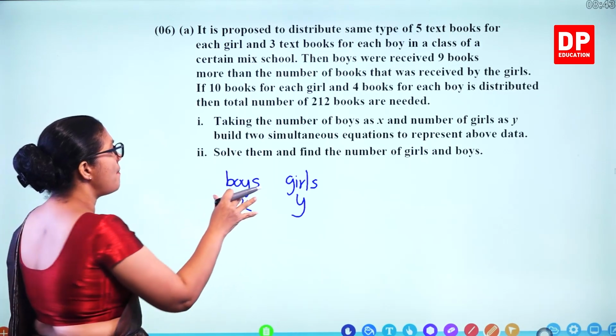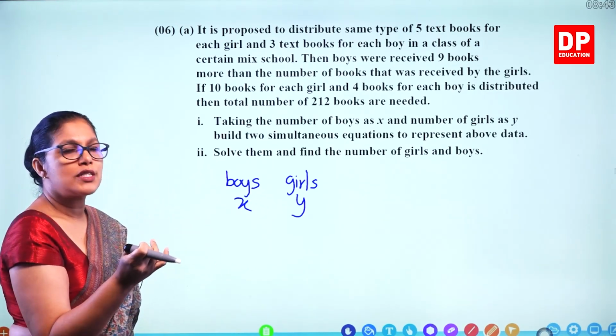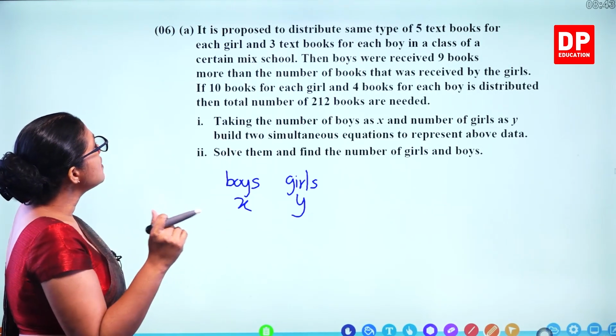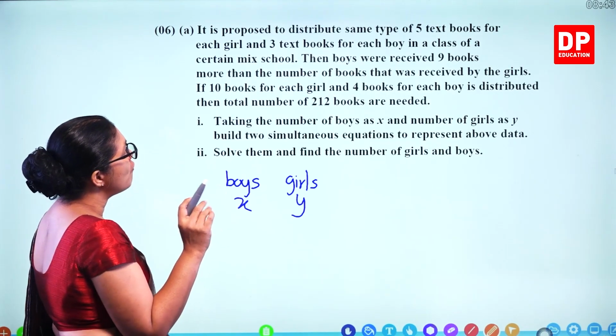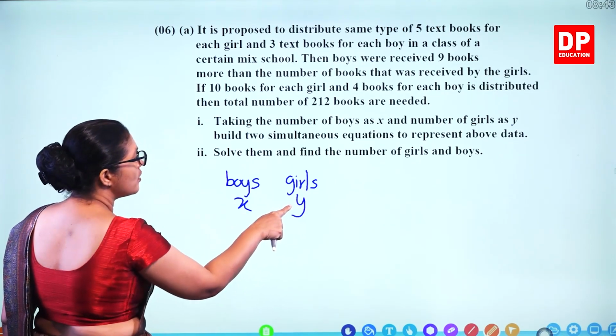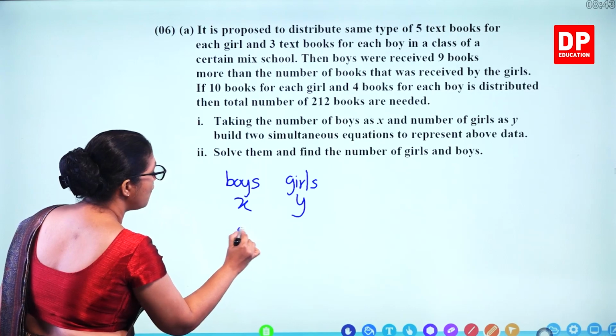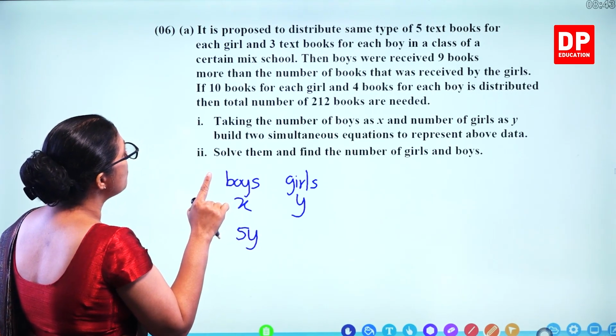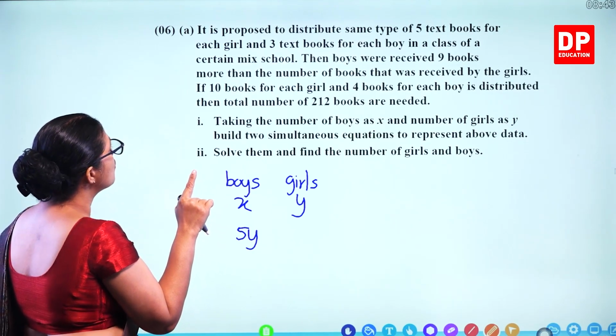So this is the main part. What is x and what is y? Now you have to read and create the two equations. It is proposed to distribute the same type of 5 textbooks for each girl. So the total number of books for girls is 5y. And then 3 textbooks for each boy.